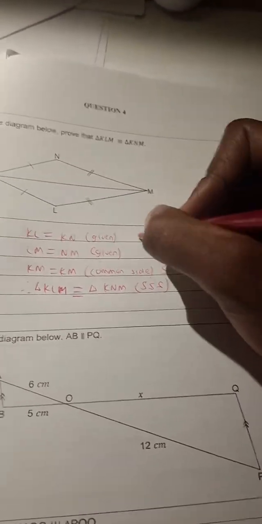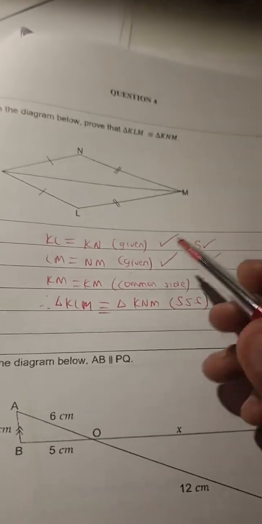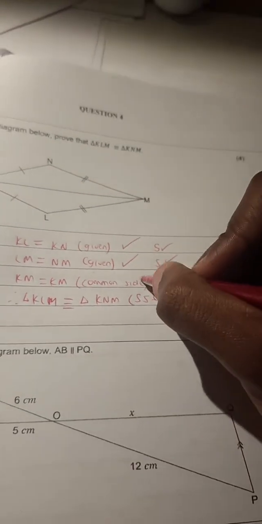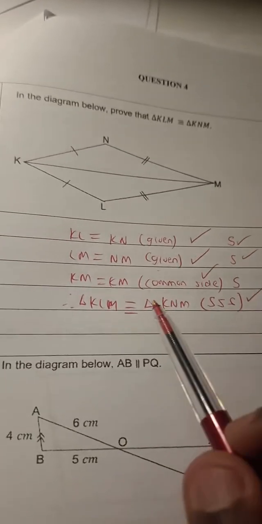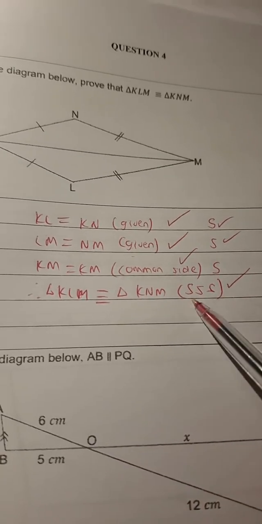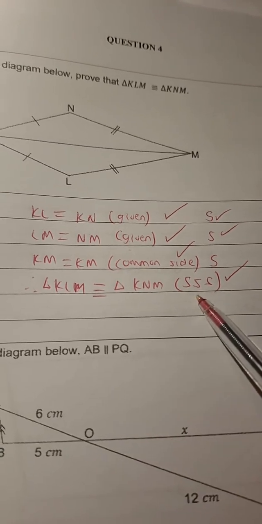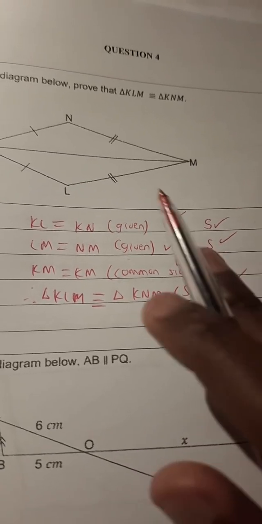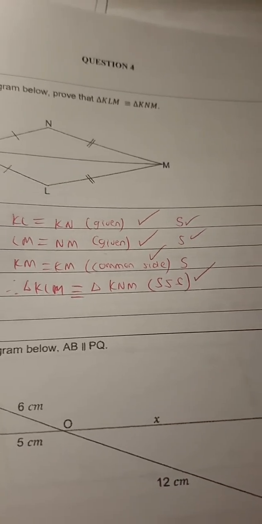How many marks? 4 marks. 1 mark for my statement and reason. A second mark for my statement and reason. A 3rd mark for my statement and reason. And then my 4th and concluding mark for my conclusion and the reason. The case of congruency must be written for the 4th mark to be awarded. So you have 1, 2, 3, 4 marks beautifully given for you.